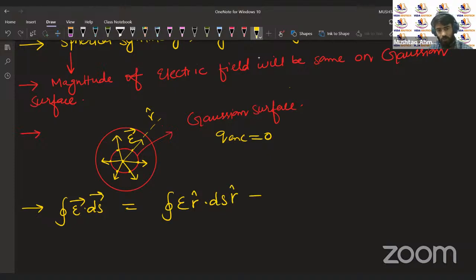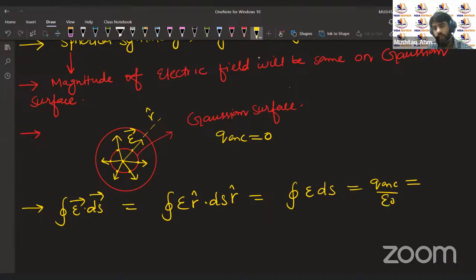So r cap dot r cap is 1, and we are left with the integral of E ds, which will be equal to the charge enclosed upon epsilon naught.